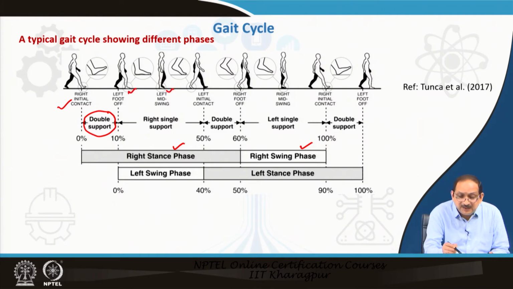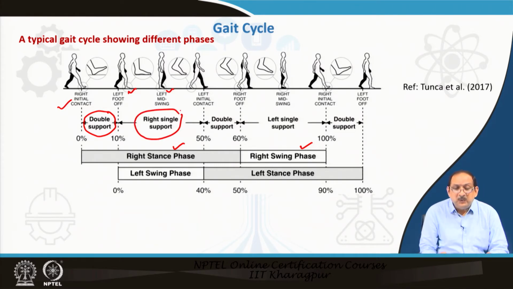The next phase is the right single support phase, where the right leg is on the ground, but the left leg may be moving. This phase, the right single support phase, is between 10% to 50% of the gait cycle.